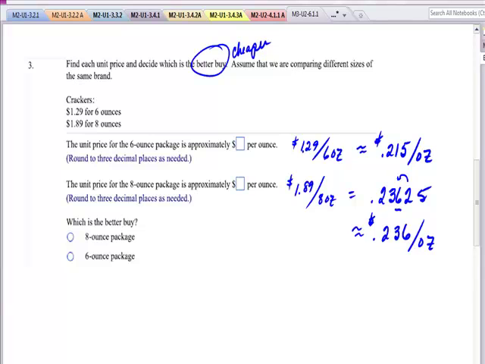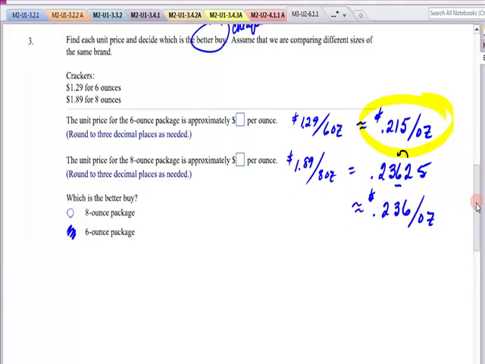All right, so those are the 2 answers that I will put into these locations, and then which is the better buy? The better buy is the cheaper cost per ounce. This one is cheaper. This one is over 23 cents per ounce, and this one is about 21.5 cents per ounce. So the 6-ounce is the better buy, so I choose this one. Okay, so I'm finding the unit cost, unit price for each one, and then the better buy is the smaller one or the cheaper one.